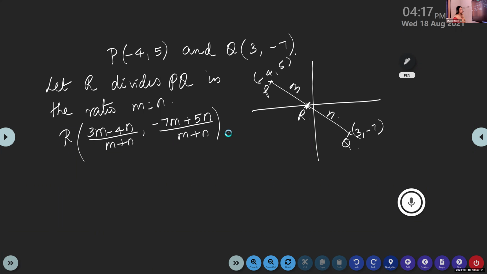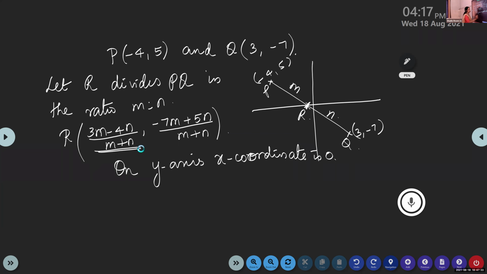When we use the section formula, this is what we get: (mx2 plus nx1) by (m plus n), and similarly for y, (my2 plus ny1) by (m plus n). But what do we know about the y-axis? On the y-axis, the x coordinate is 0.